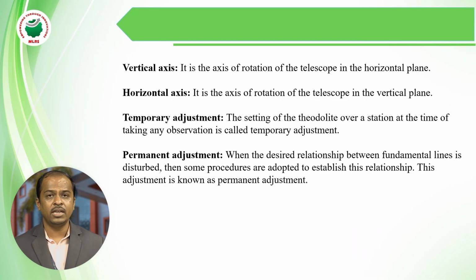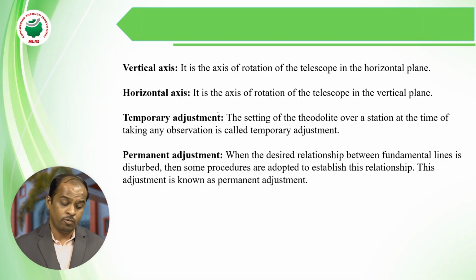Next term is vertical axis. It is the axis of rotation of the telescope in the horizontal plane. Next, horizontal axis, it is the axis of rotation of the telescope in a vertical plane.